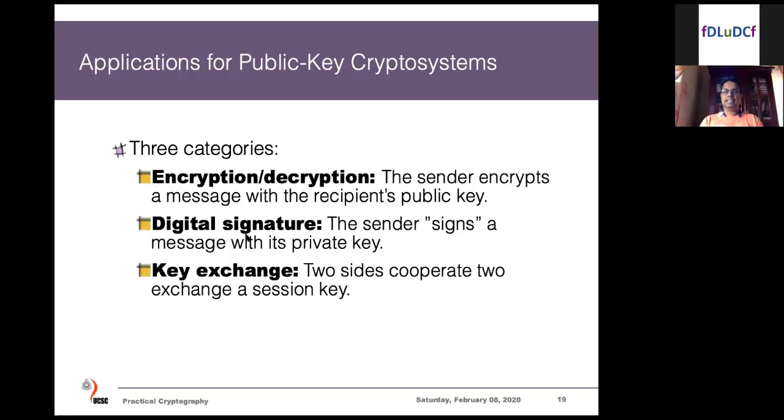In digital signature scenarios, we encrypt the data using the private key of the sender, so other parties or the world can then verify the authenticity using the public key of the sender. Basically, in a digital signature the sender's key pair is used, while for encryption and decryption the recipient's key pair is used.